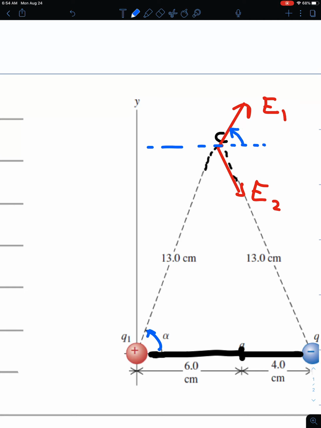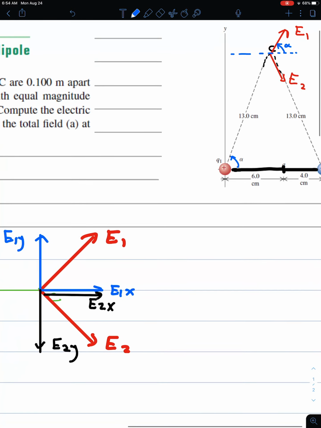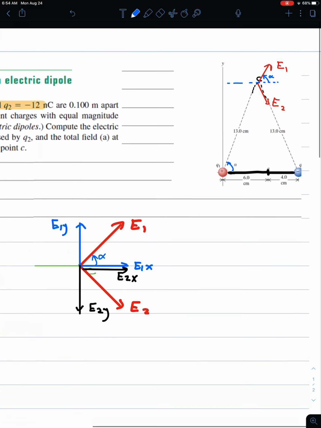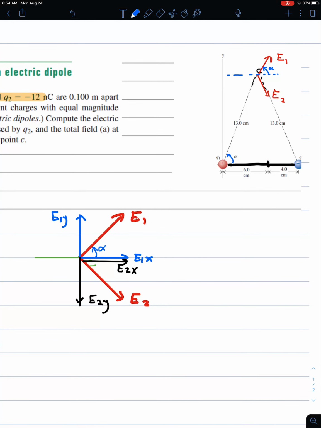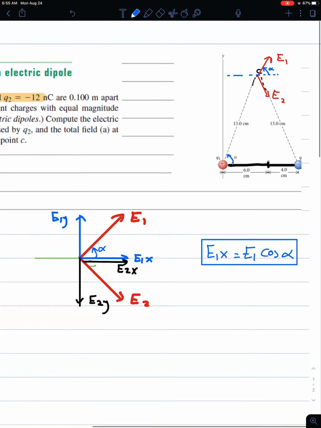So if this is alpha, this is alpha also. I need this angle, because in the end E1x is equal to E1 cosine alpha. We need alpha, obviously. You need to get alpha somehow, and getting alpha takes a bit of math.